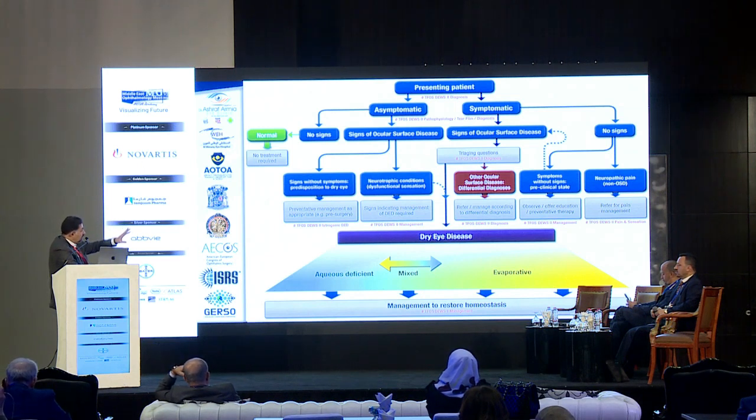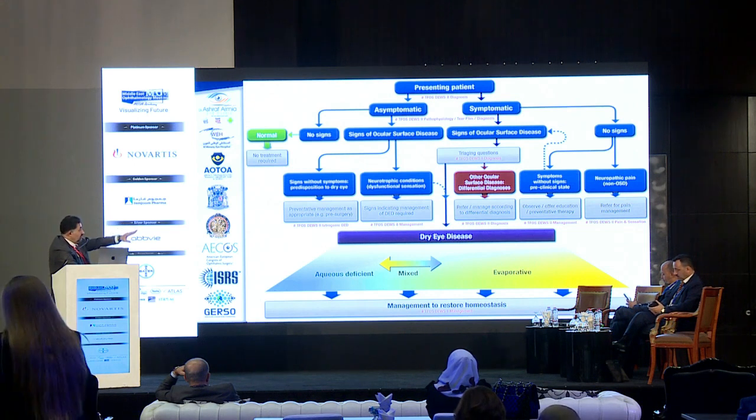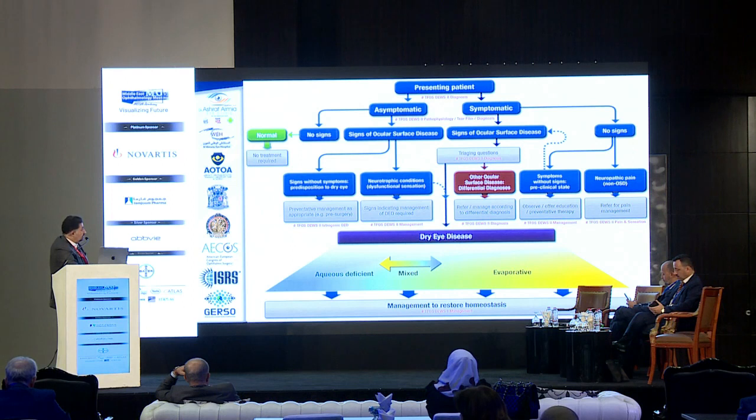If it's a neurotrophic condition, this is a sign indicating dry eye disease required. If not, then prevention management is appropriate, as a pre-surgical. If it's symptomatic, look for signs of ocular surface disease, or if it's symptomatic with no signs, there is neuropathic pain, non-ocular surface disease, or symptoms without signs like a preclinical state.